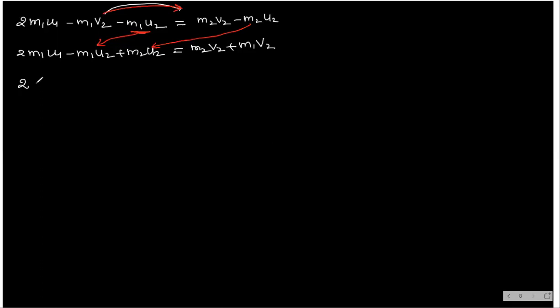2 M1 U1 minus, I am taking U2 common. What is left? Minus M1 here, and here minus M2 will come? Check. When I am taking U2 common, minus U2 common, you see, minus M1 U2 you are getting, plus M2 U2 you are getting.